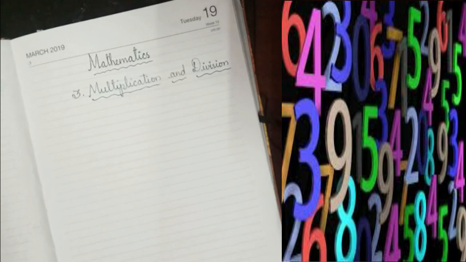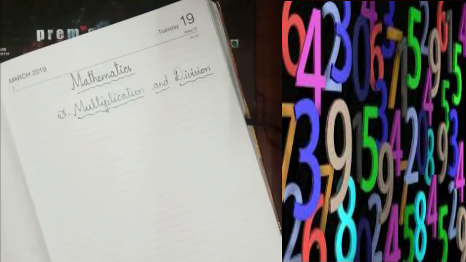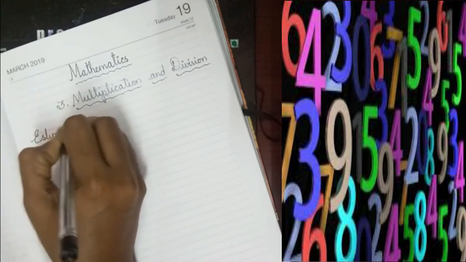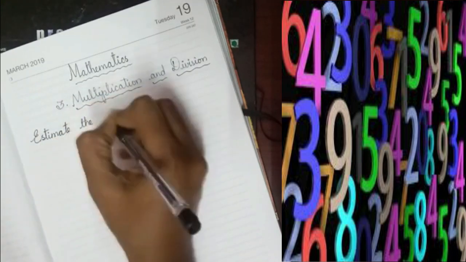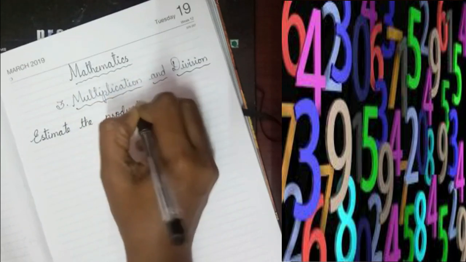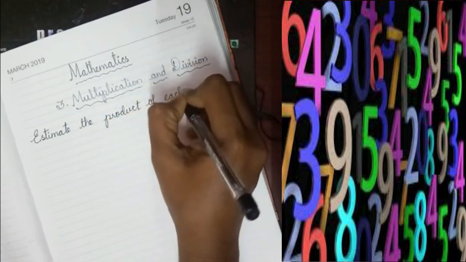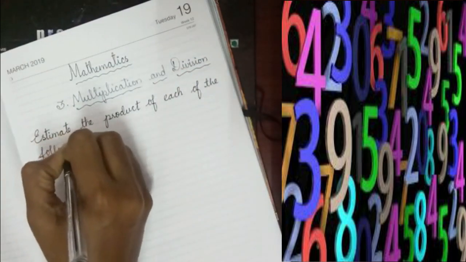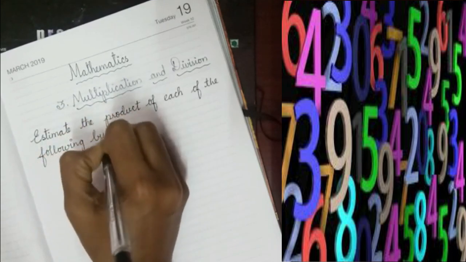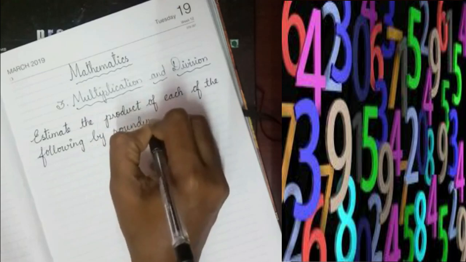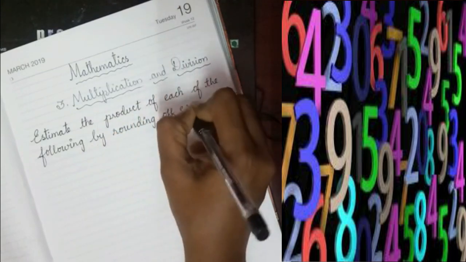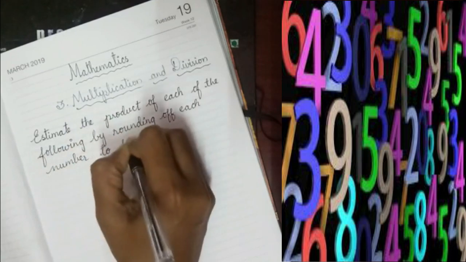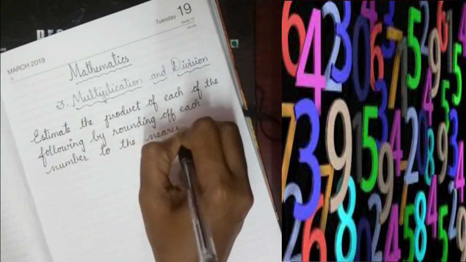So the first thing is: estimate the product of each of the following by rounding off each number to the nearest 10.